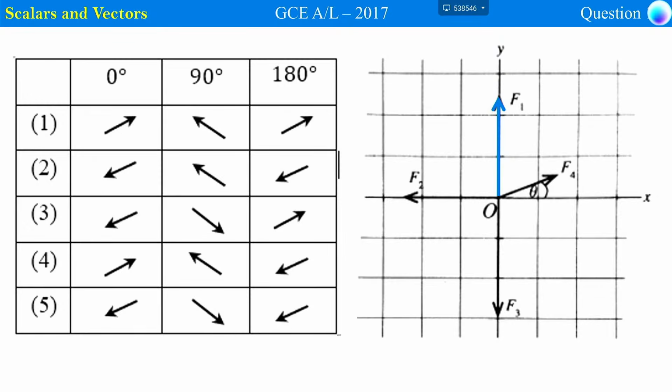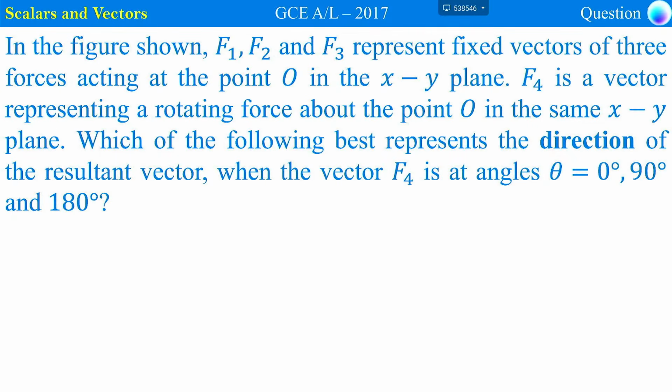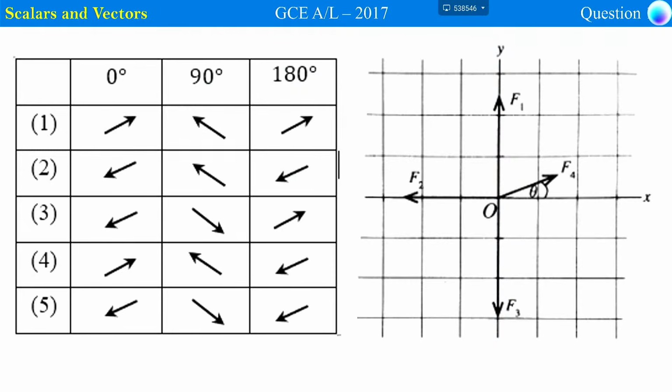So a rotating force is there other than these 3. So we have a rotating force. So this rotating force, 3 situations given. Look at this. Now F4 is what? Which one of the following best represents the direction of the resultant vector?